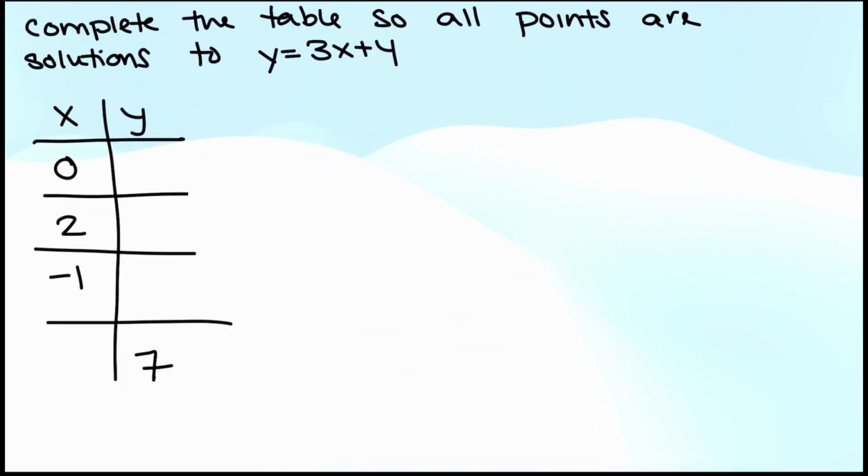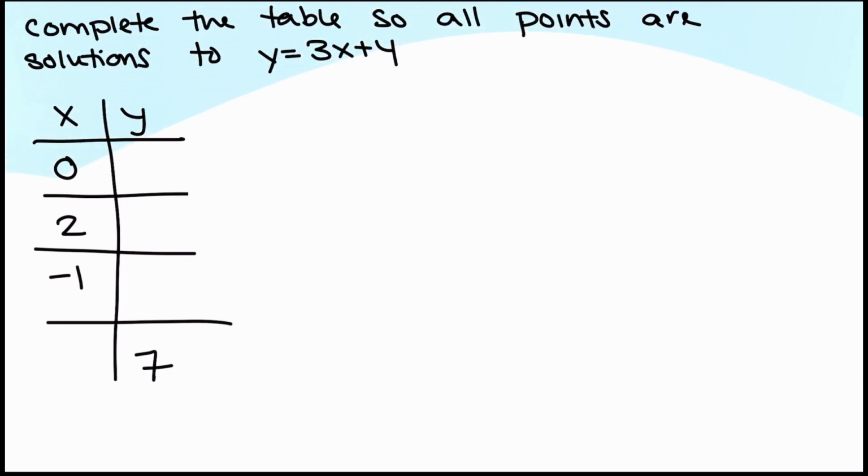And so the next thing we're going to do is find solutions if we're given one of the variables. So the directions say complete the table so all points are solutions to the equation y equals 3x plus 4. So in this table of values, we are given either the x or the y, and we have to find the other variable.